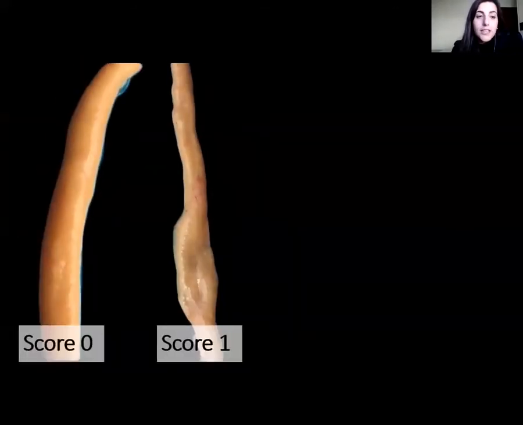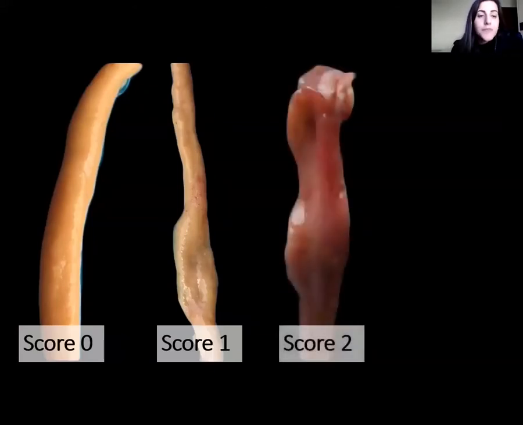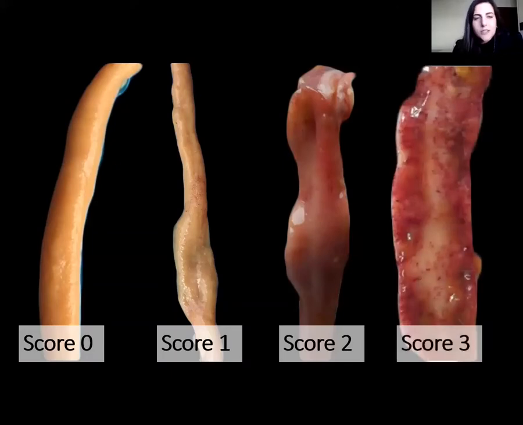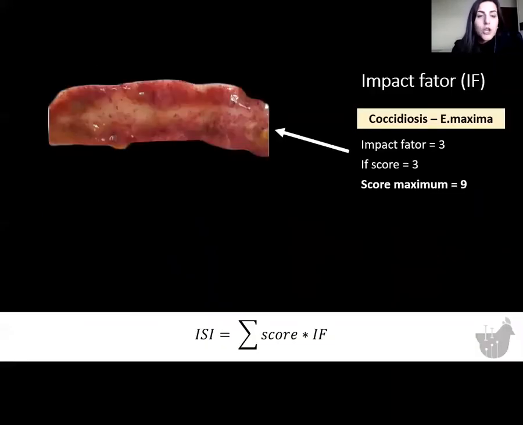So score 1 is the presence of this type of lesion. Score 2, almost 50% of the organ is affected with these lesions. Score 3 is a very severe and intense lesion in the organ.